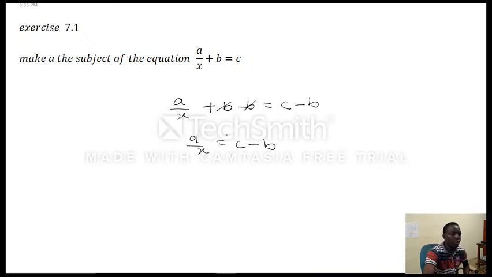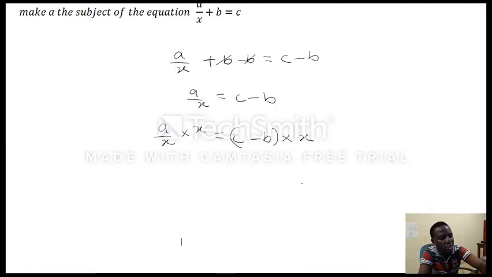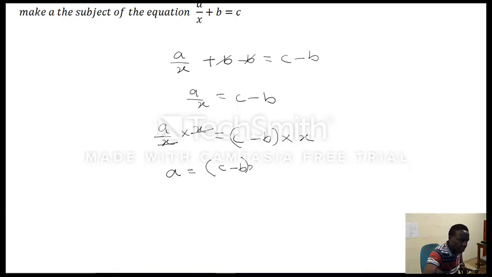Some persons will say you cross multiply, but in essence what we are actually doing is multiplying both sides by X. So I'm going to have A over X times X is equal to C minus B, multiplied both sides, so I'm putting it in bracket, times X. So when you do this, this X will cancel X, and we'll have A is equal to bracket C minus B times X.